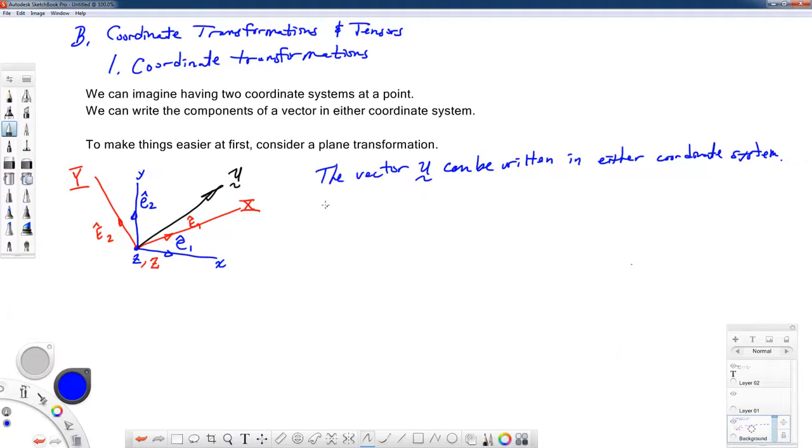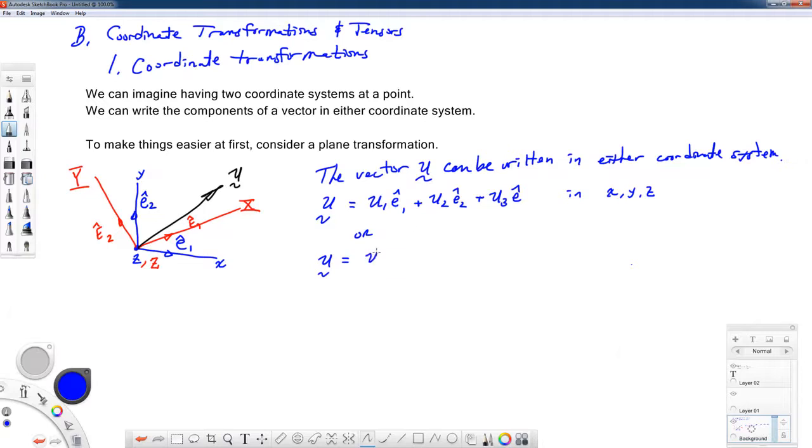Right, so we can write this vector u that I have right here either in terms of the little x and y coordinate system, and this vector u would have components u1, u2, and u3 in the little xyz system, or we could have just as easily written that vector u in terms of components in the capital xyz system.